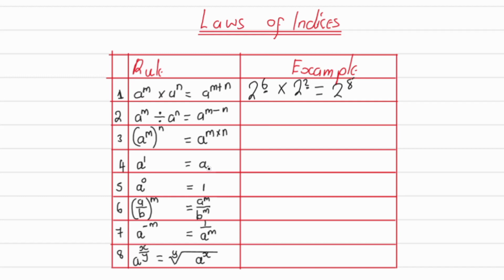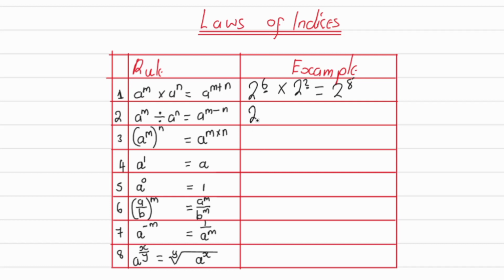The second rule says when dividing indices with the same base, you subtract the powers. So it says a raised to the power of m divided by a raised to the power of n. The answer is equal to a to the power of m minus n. So we are going to take 2 again as our a.